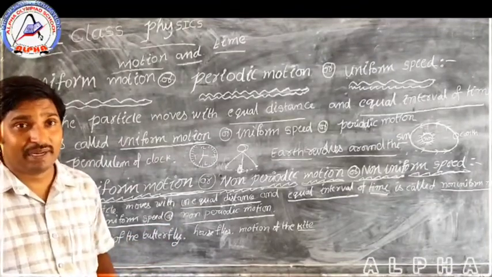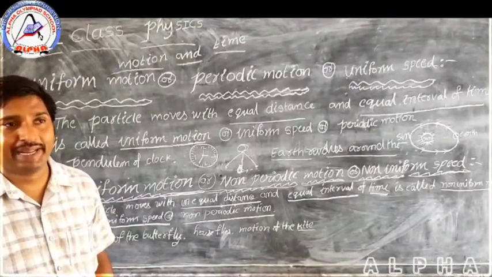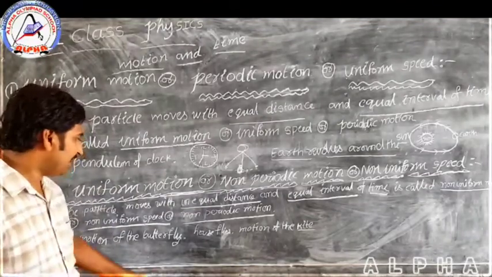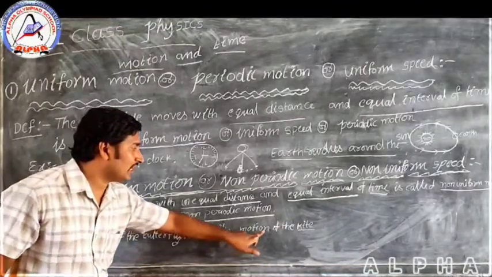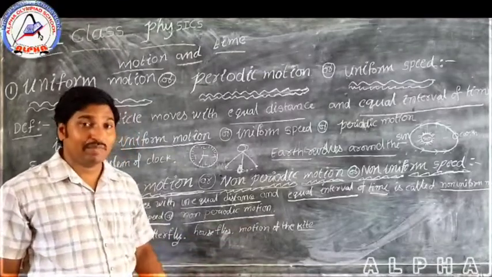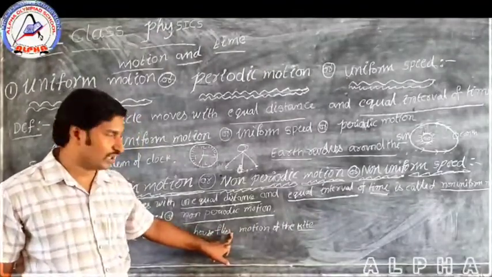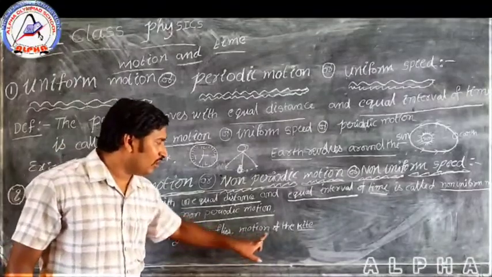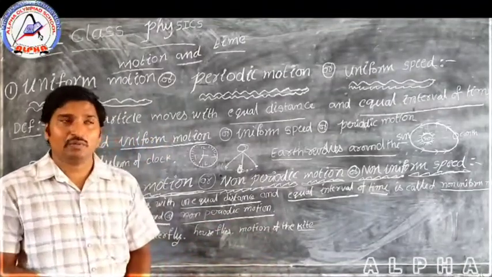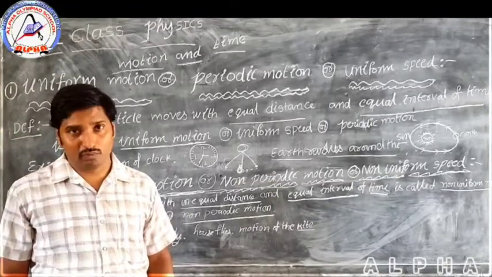It is not periodic motion, so it is the best example of non-periodic motion. Another is the motion of a housefly. Houseflies and mosquitoes are examples of non-periodic motion. Another one is the motion of a kite in the atmosphere, which is different in motion.